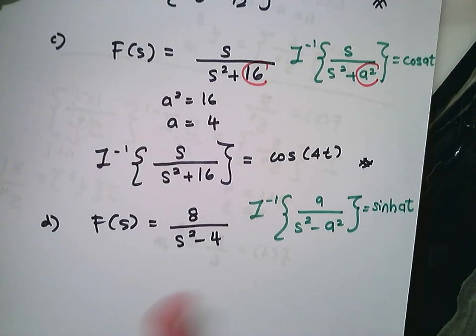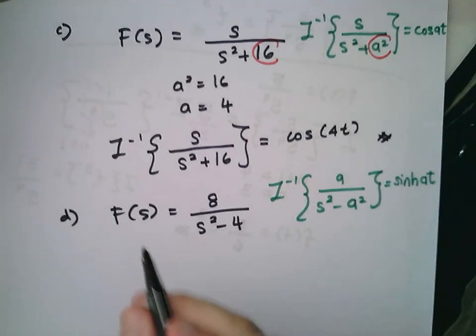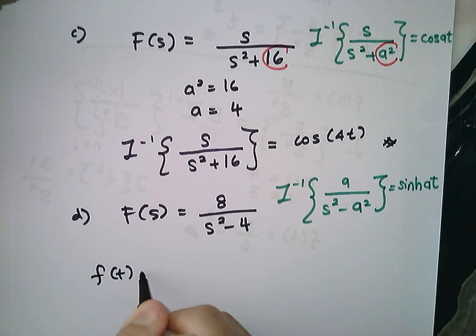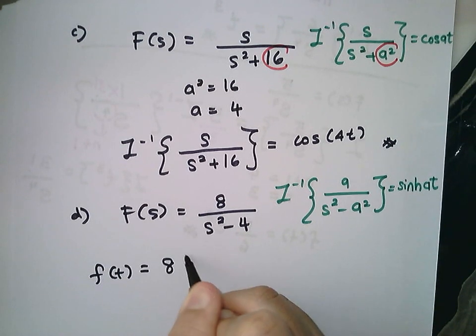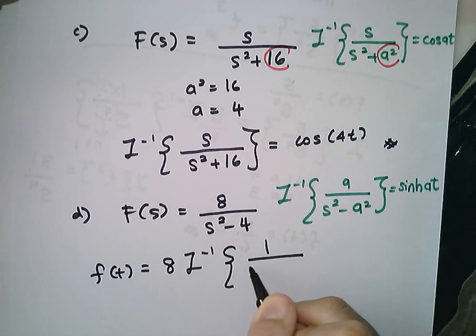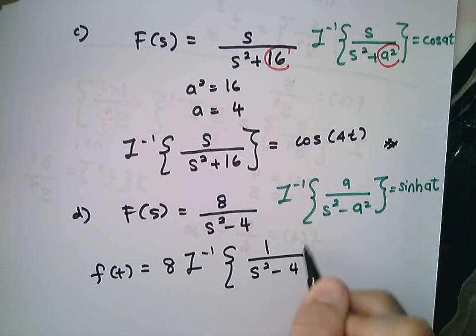Okay, so this is just a constant, so you can just factorize the constant first. So actually you are going to find your f(t) is equal to 8 times Laplace inverse of 1 over s squared minus 4.